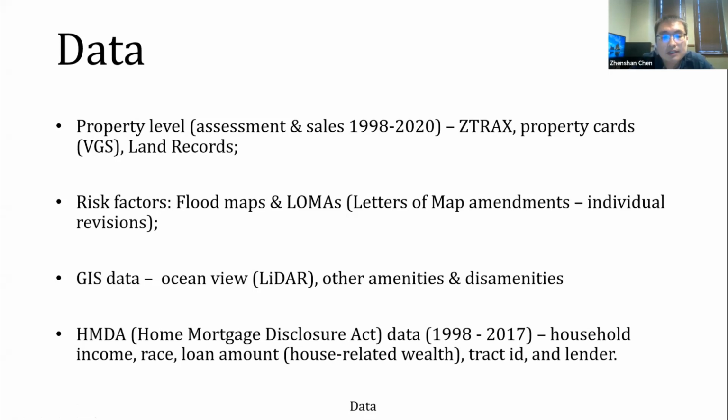The last set of data is HMDA data, short for Home Mortgage Disclosure Act. It includes household income, race, loan amount, check ID, and lender name. They are only available for home buyers who purchase the home with a mortgage. The last three indicators can be used to match with the property data.